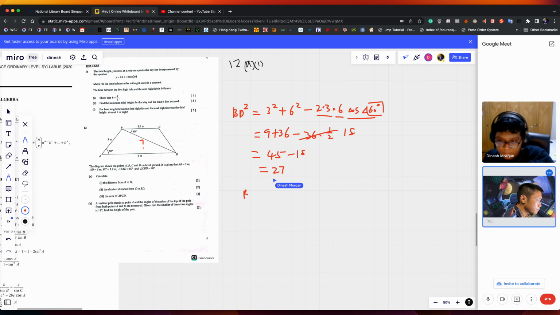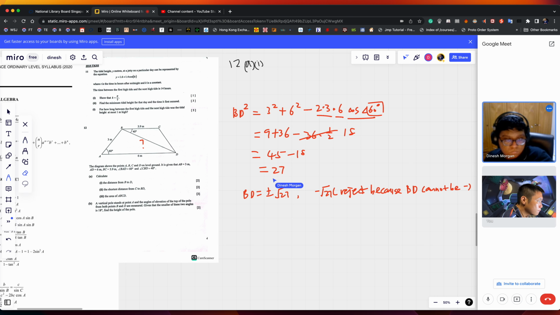Plus or minus 27. So you reject the minus, because you must write down the reason now. It's good practice: because BD can't be negative. So that's how you get square root 27.